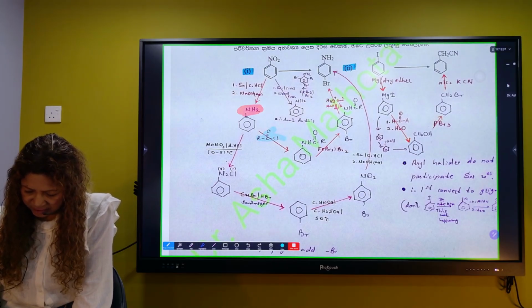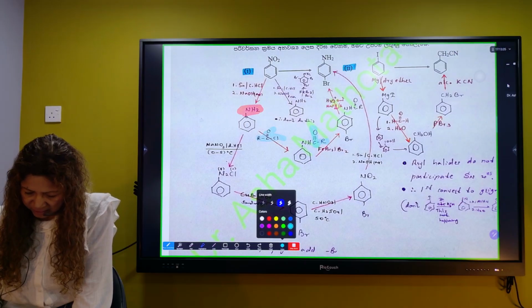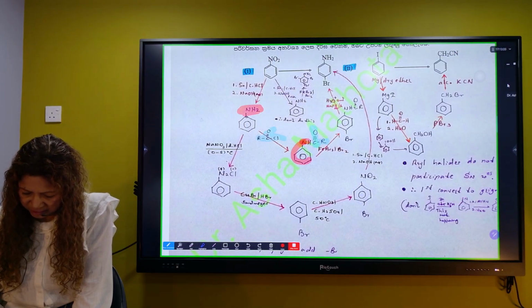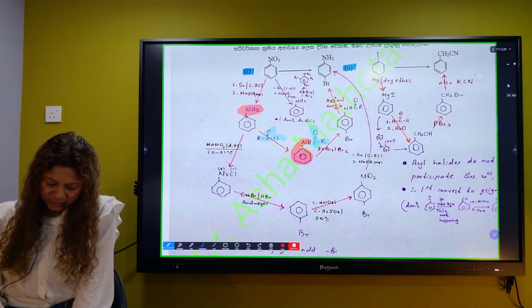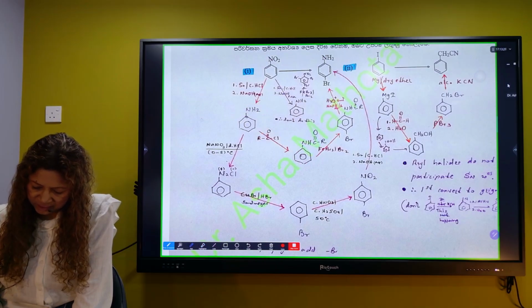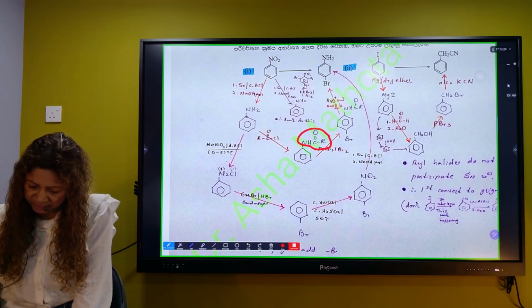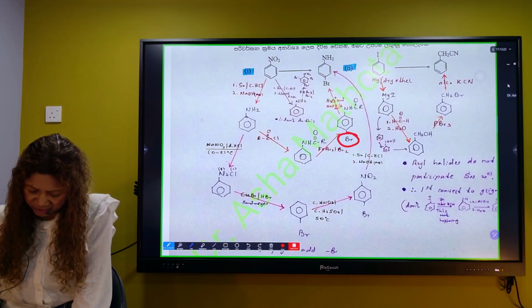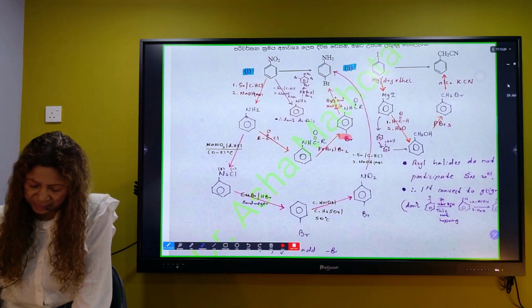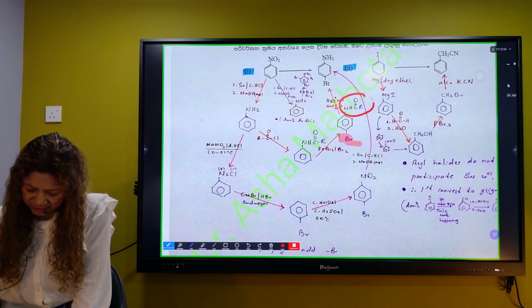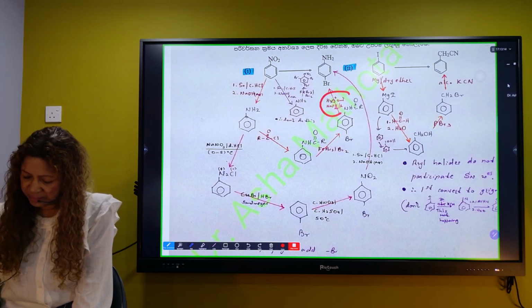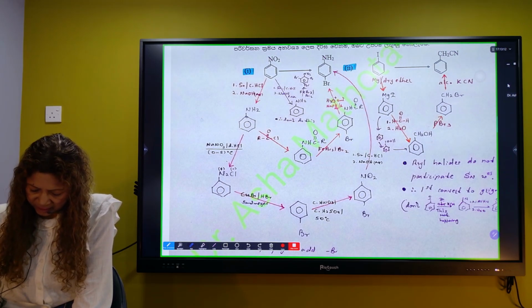Then this is joining COR, and this NH part is just maintained. This is actually decreasing the activity. Now these amides are ortho-para directing but less active, so you can join just one single bromine here at the para place, and then you can reveal this NH2 again by adding any acid or any base. That is one of the methods.